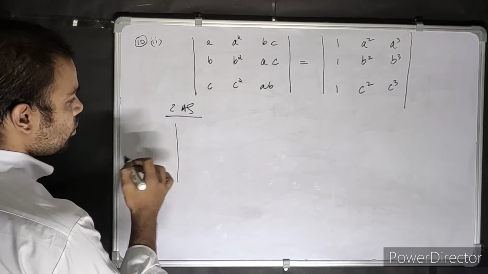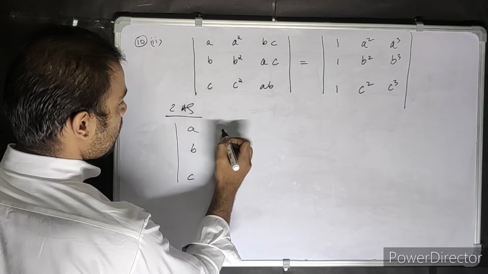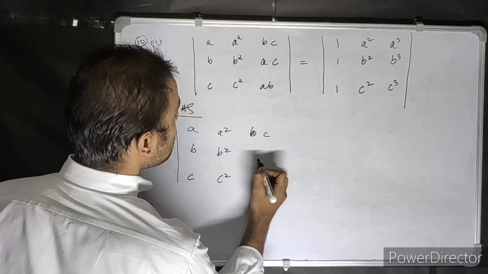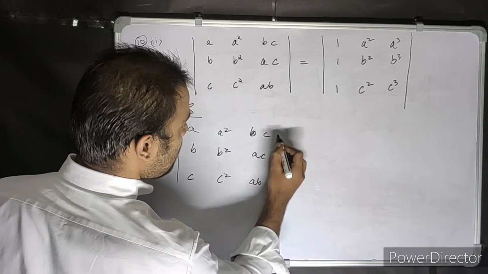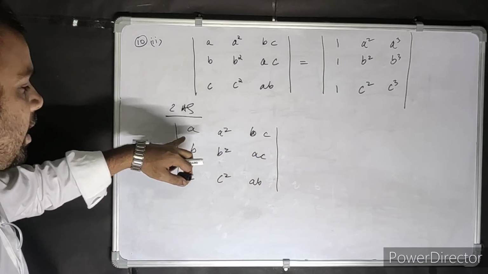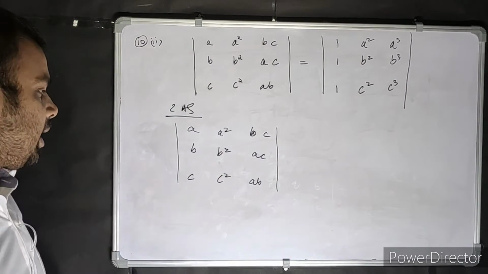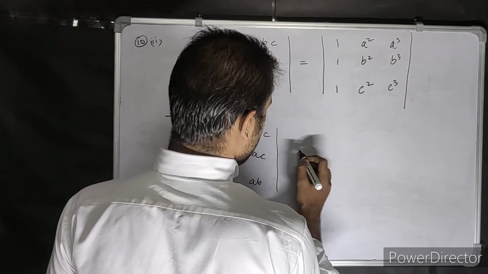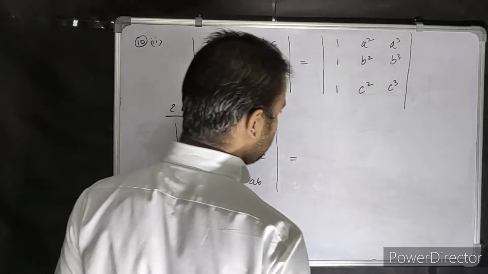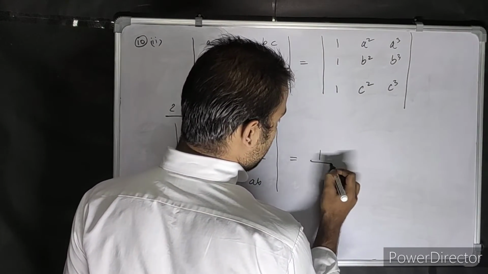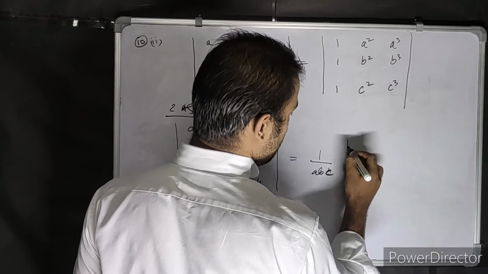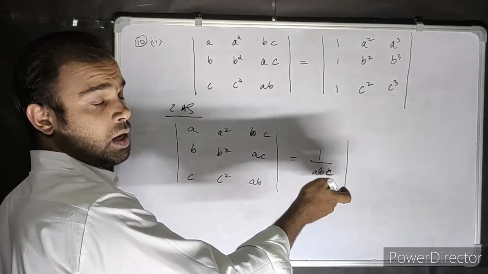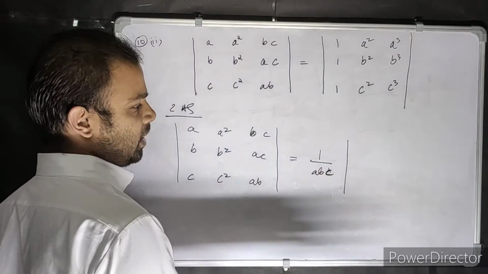So this will be a, b, c; a square, b square, c square; and bc, ac, ab. What you do is you multiply a with the first row, b with the second row, and c with the third row. You are multiplying abc, so you have to take 1 by abc so that it becomes the same thing.